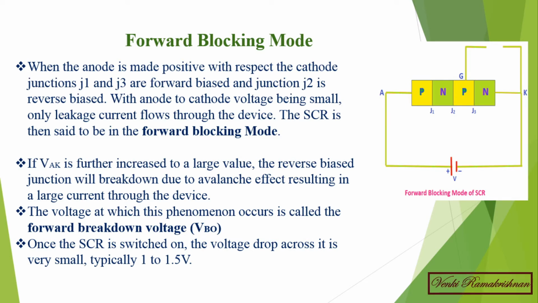When the anode is connected to positive with respect to cathode and gate terminal is kept open, the junctions J1 and J3 are forward biased and the junction J2 is reverse biased, due to which there is no conduction in the device, only a small leakage current will flow through the device.